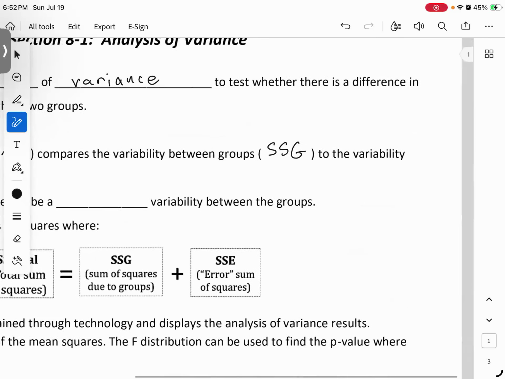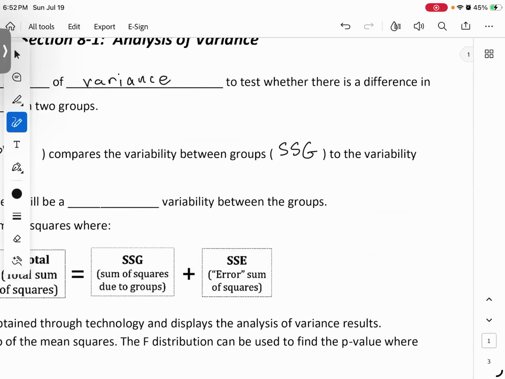And there are also formulas behind the scenes that Stackey is going to be doing to calculate SSG and SSE. So we don't have to worry about that. Stackey will take care of it.